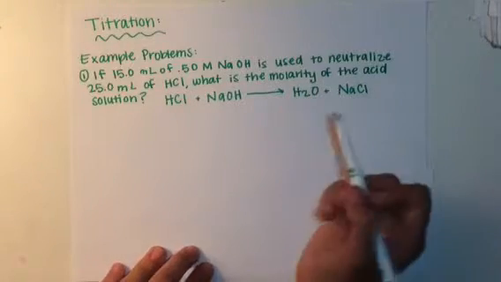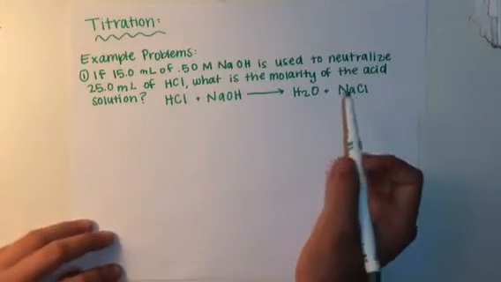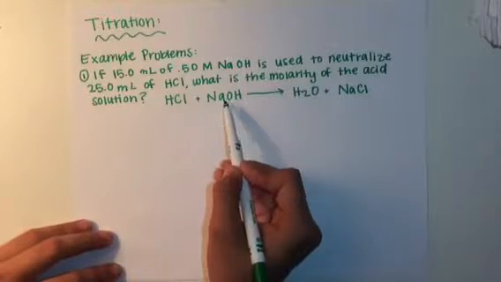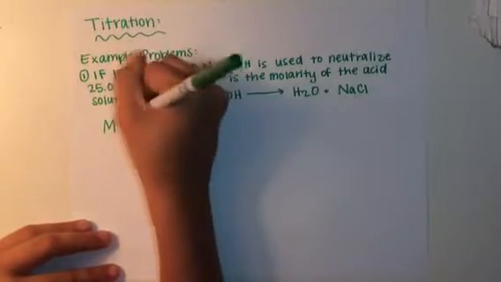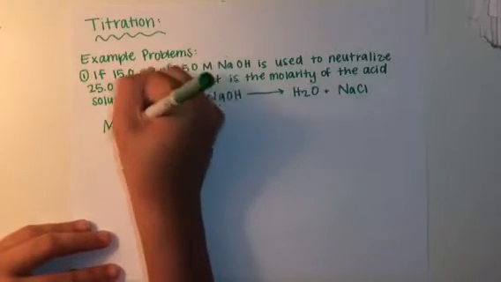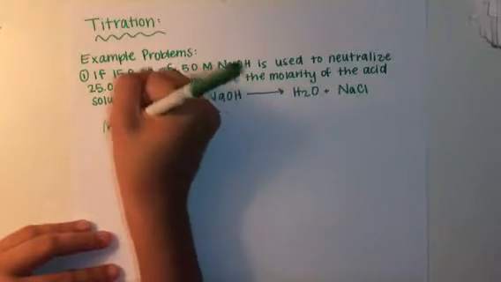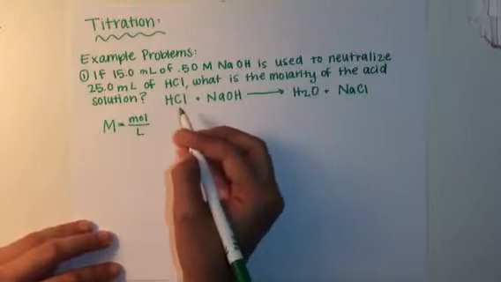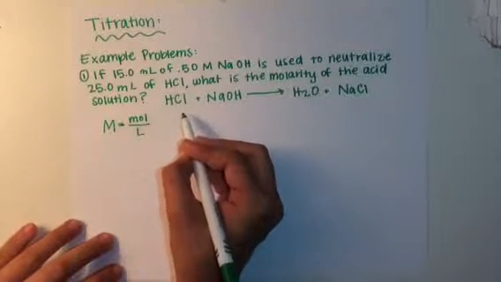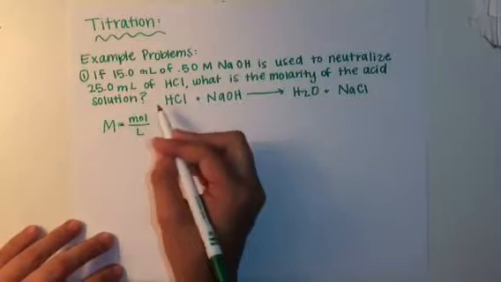Now the first thing we're going to do to find the molarity of the acid solution is plug NaOH into our equation, molarity equals moles over liters. Since we have enough information for NaOH, that's what we do.